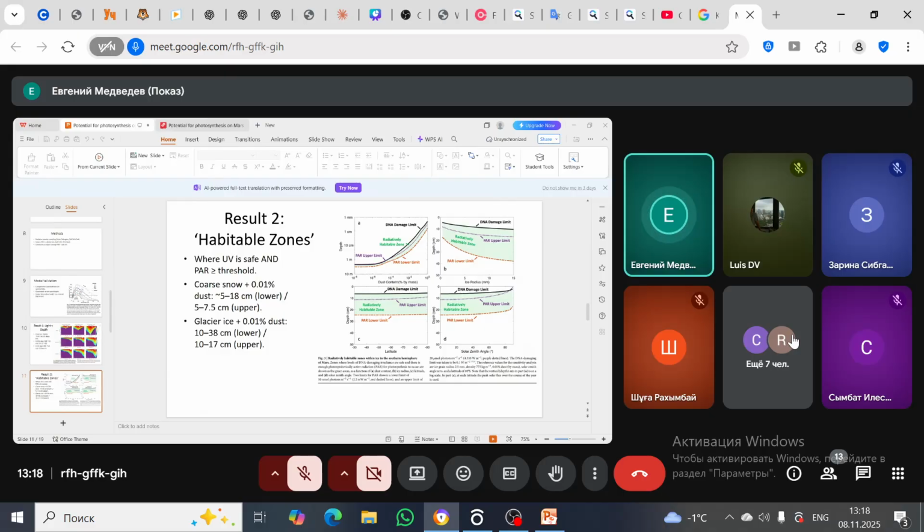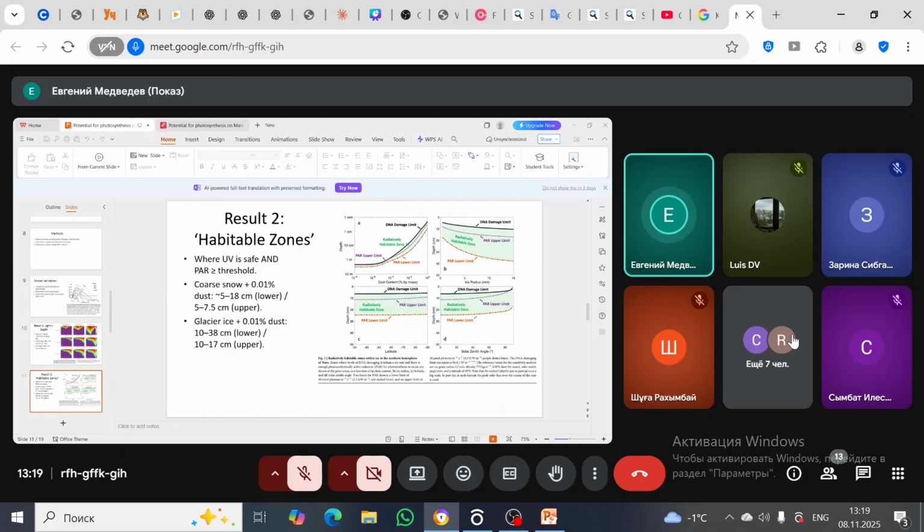So dust can form a lag layer and then block light if it's too thick. And also geometry matters. Slope, season, and sun angle change penetration and heating. So models can overestimate or underestimate melt if inputs are off.